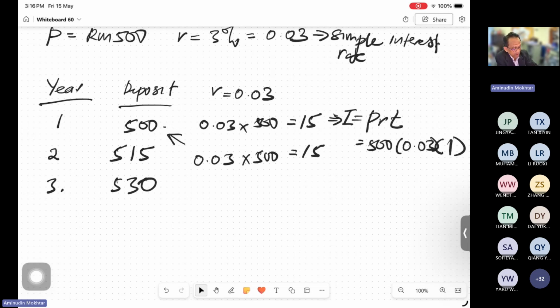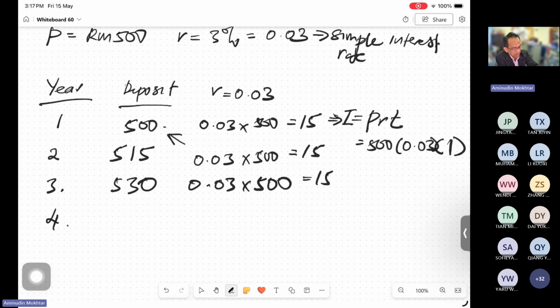For example, let's say we assume that at early of year 3, you still deposit your money until the end of year 3. Now, at the end of year 3, your total dividend is 0.03 times 500. Based on the original principal, you receive the same amount, 50 ringgit.